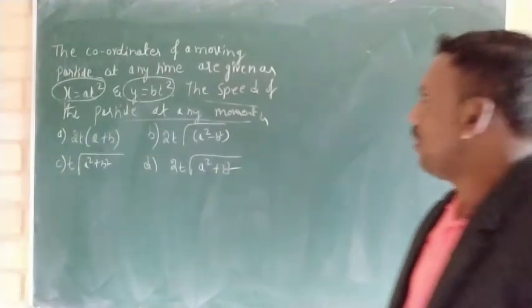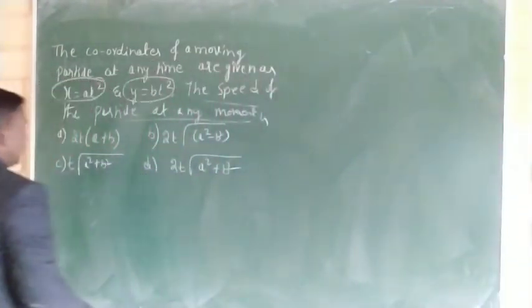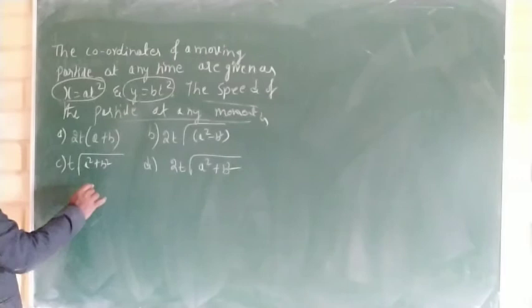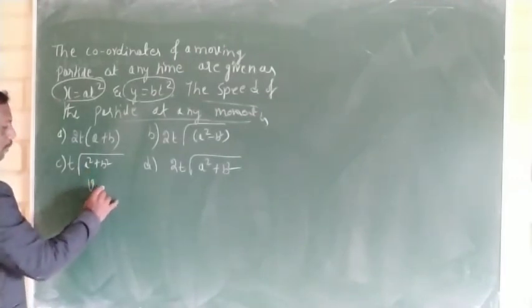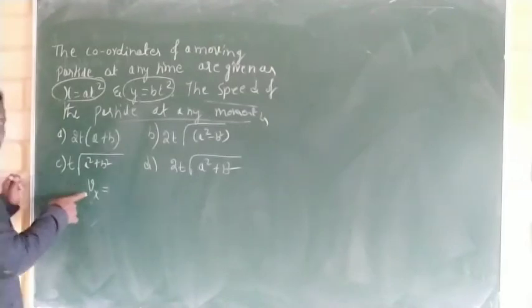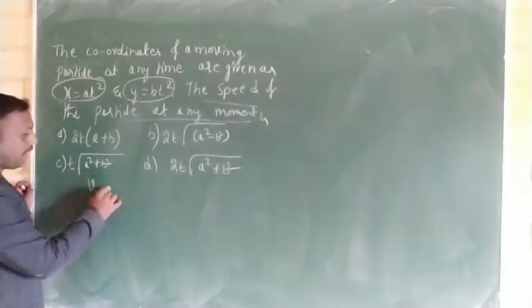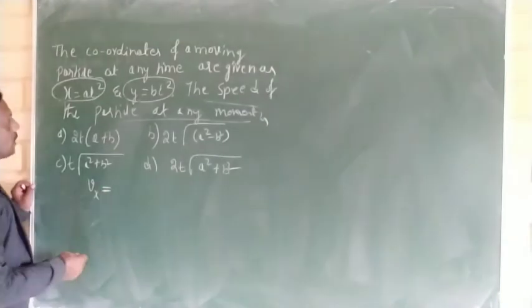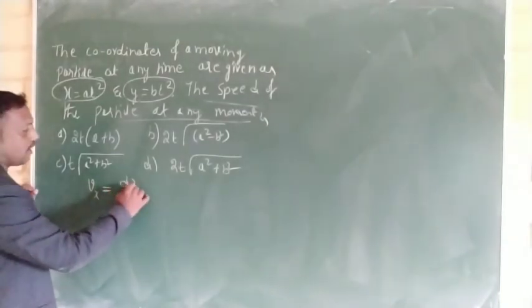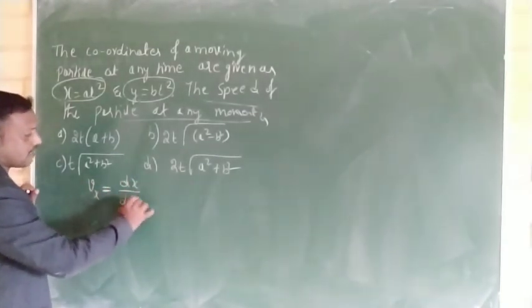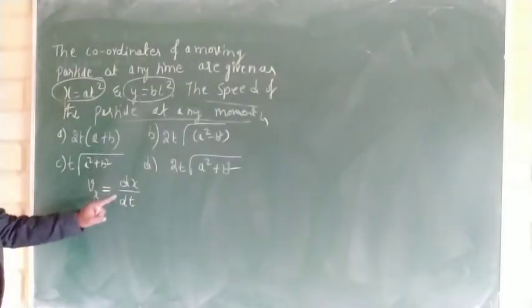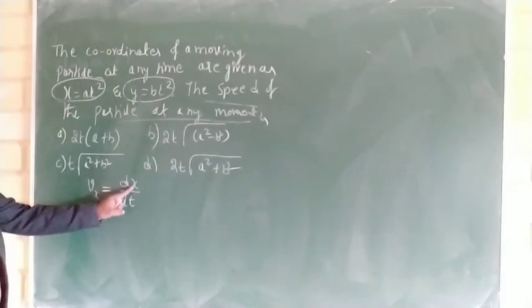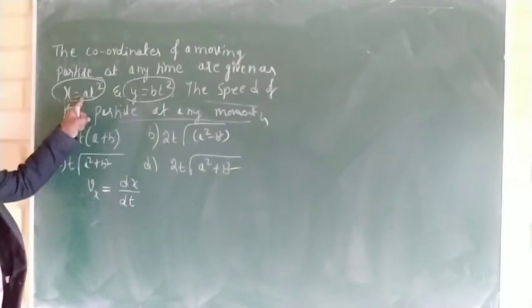Okay. Here along the x axis, the speed of the particle is vx. Vx is equal to dx divided by dt, where x is the distance traveled by the particle along the x axis.